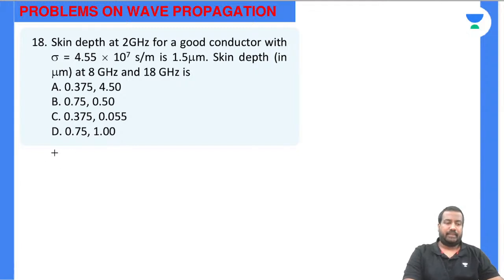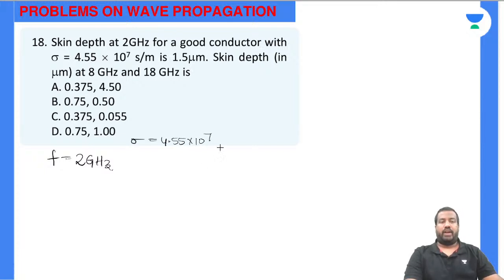Skin depth at a frequency of 2 gigahertz for a good conductor with conductivity 4.55 into 10 power 7 Siemens per meter. The skin depth, the penetration depth, is 1.5 micrometer.